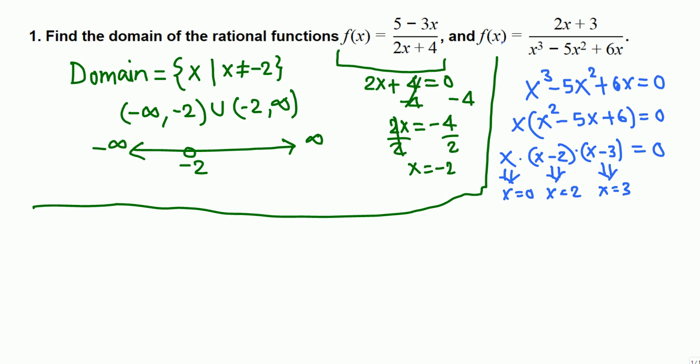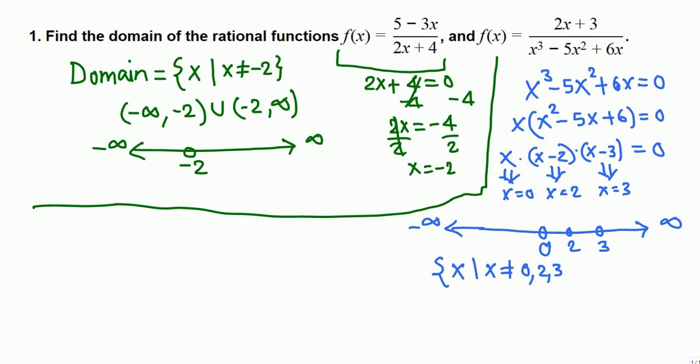So to find the domain of this function, all real numbers except these 3 points. On the number line, negative infinity through positive infinity, 0 should be removed, 2 and 3. In set notation, you can write all reals x such that x cannot be equal to 0, 2 or 3.